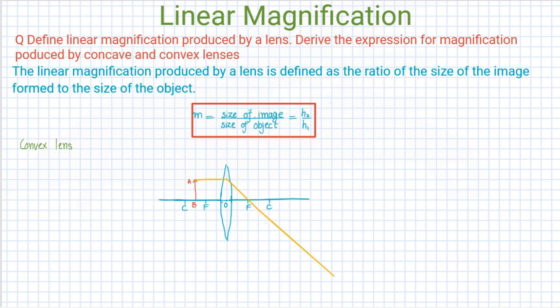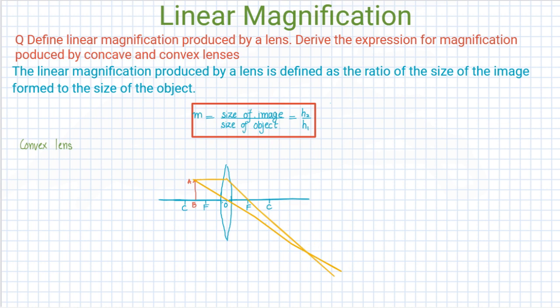So this ray passes through the optical center and it passes undeviated, fine. Can you see the two rays intersect at this point, fine.